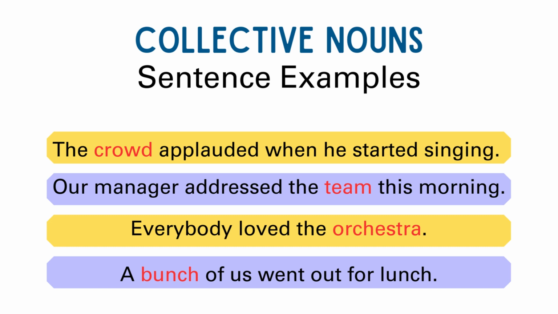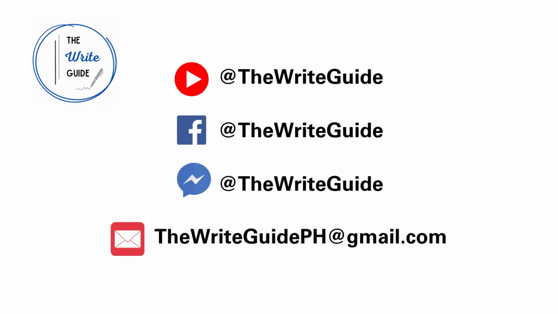A bunch of us went out for lunch. So instead of saying you went out for lunch with Andy, Nicole, John, Fiona, Dan, and others, you can just say a bunch of us. Bunch is the collective noun here. Okay? I hope that's clear. Everything good so far? If not, remember that you can always reach out to us for help.